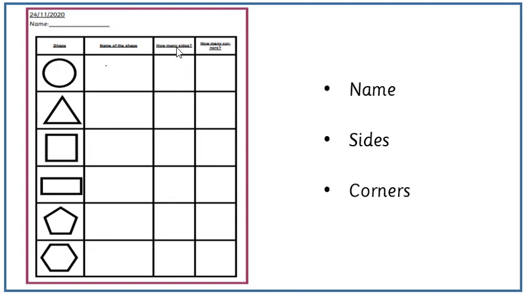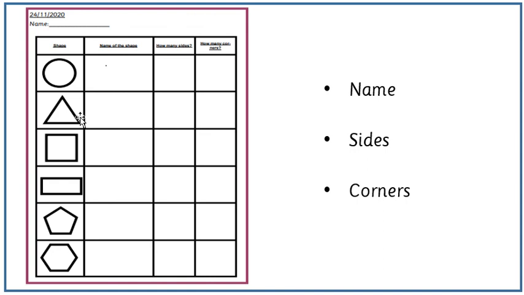Then the second one, it says how many sides. So you have to look at the sides, count the sides, and write the number here. So remember, a circle has one side that goes all the way around. And the last thing you need to do in the last box is write the number of corners it has. So the circle, if you remember, doesn't have any corners, so we need to write the number 0 in here.